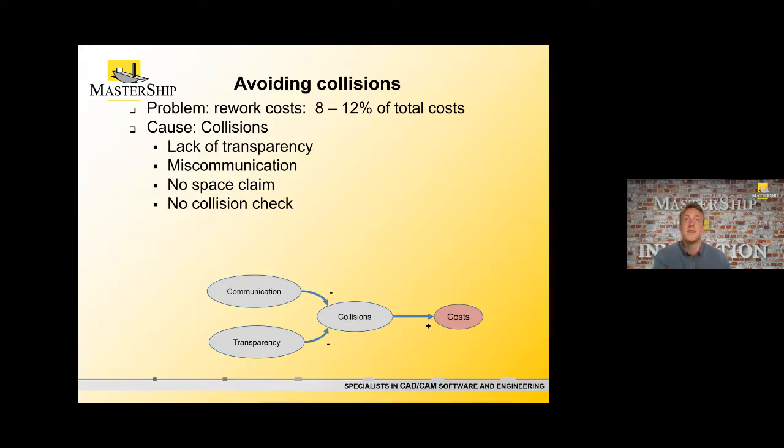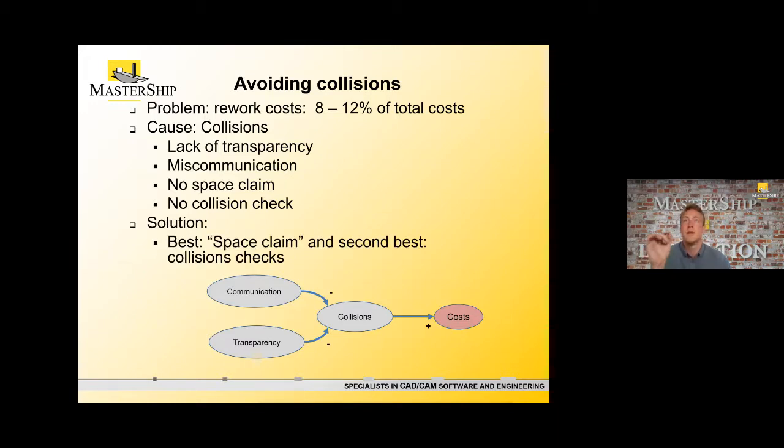And if you have fewer collisions, then eventually you will have lower costs. So the communication and the transparency between the different parties, that's what we want to improve. We have two solutions, namely the space claim, which will prevent collisions. And then we have a second best, and that is the collision checks, which is, in fact, after the fact, but still in the drawing office.